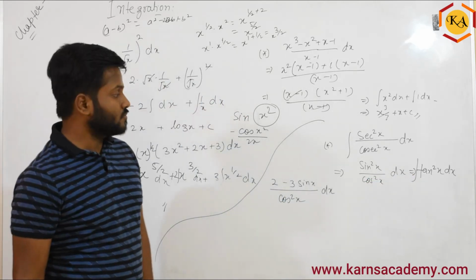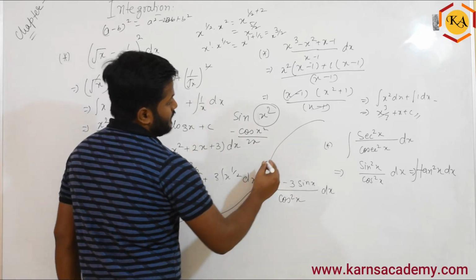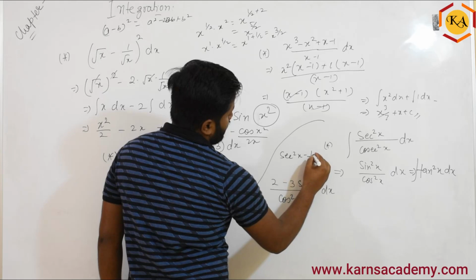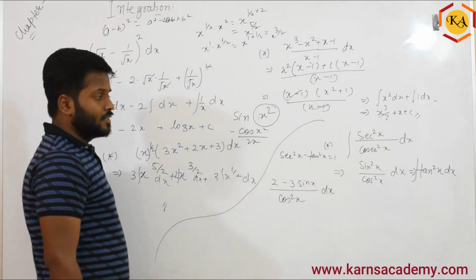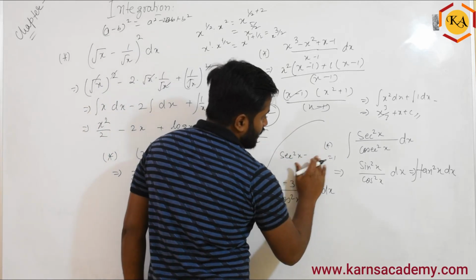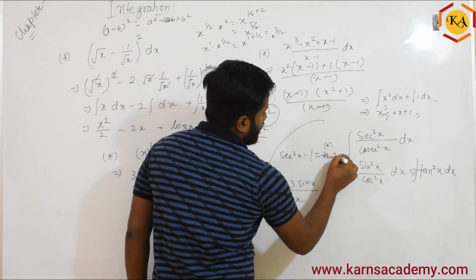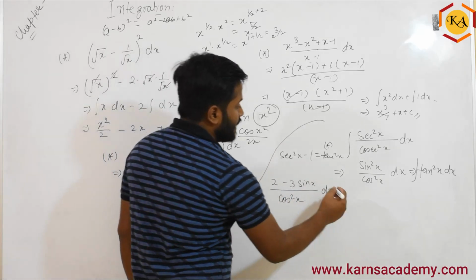Now what to do? In your 10th or the previous classes you would have studied that secant square x minus tan square x equal to 1. Correct? Which means if I take tan square to the other side, so can I write tan square x as secant square x minus 1? So I'll apply that. I will tell you why exactly.